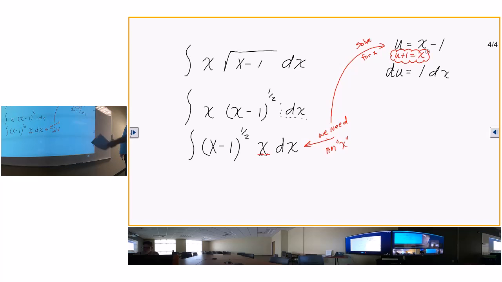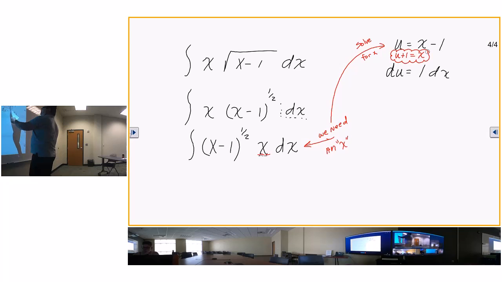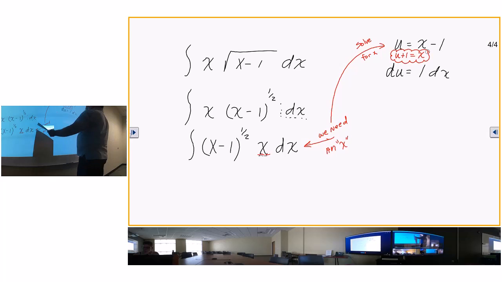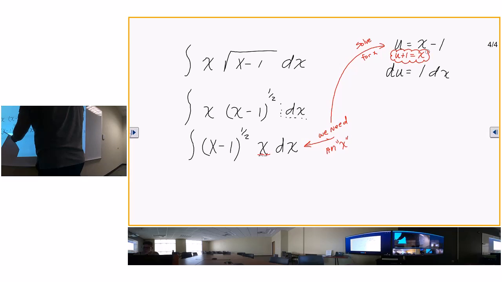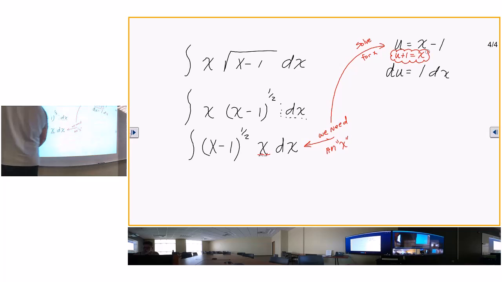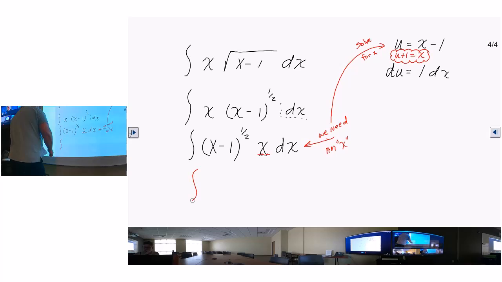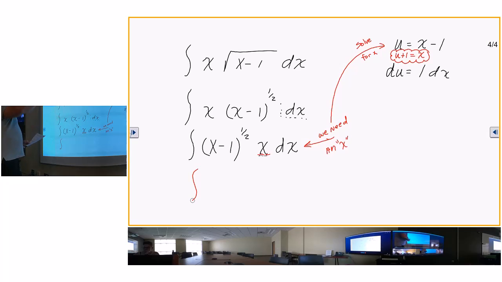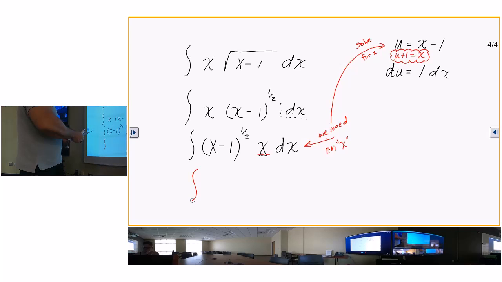So now I can take that u plus 1 and I can plug it into here. And then this is u to the 1/2. So now I'm going to have the antiderivative, and I'm going to write this in red because we're using that. Okay?